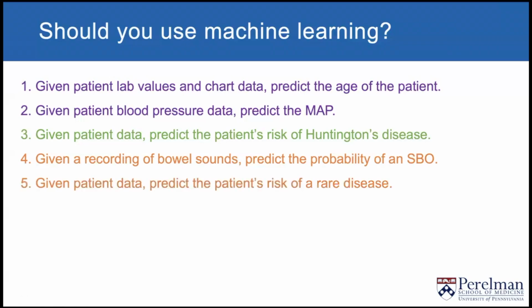And finally, number five. Given maybe all of the patient's data, genomic, imaging, health record, whatever, we want to predict the patient's risk of a very, very rare disease. Again, I think this is limited by data availability. If you only have one patient in the world that has a particular disease, not only is such a classification model not really helpful, because the prevalence of this disease is so low, but also this is just really hard to train.